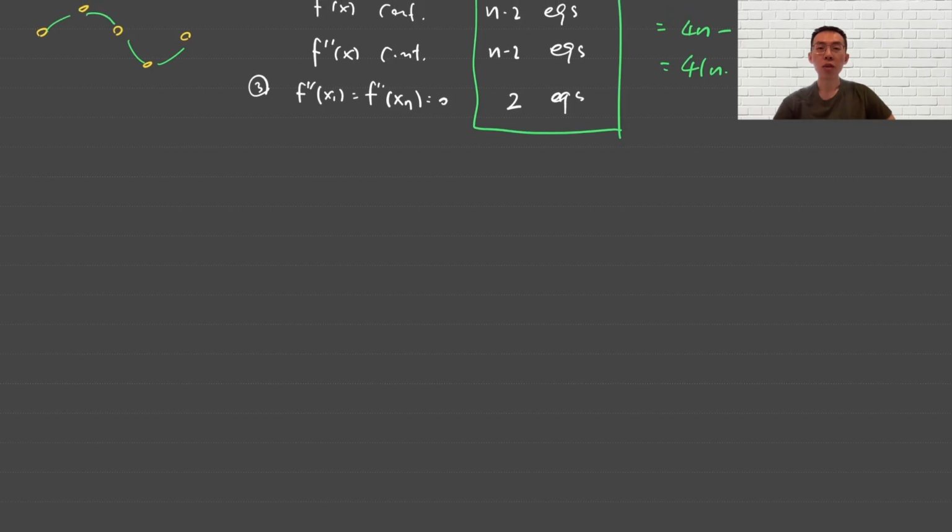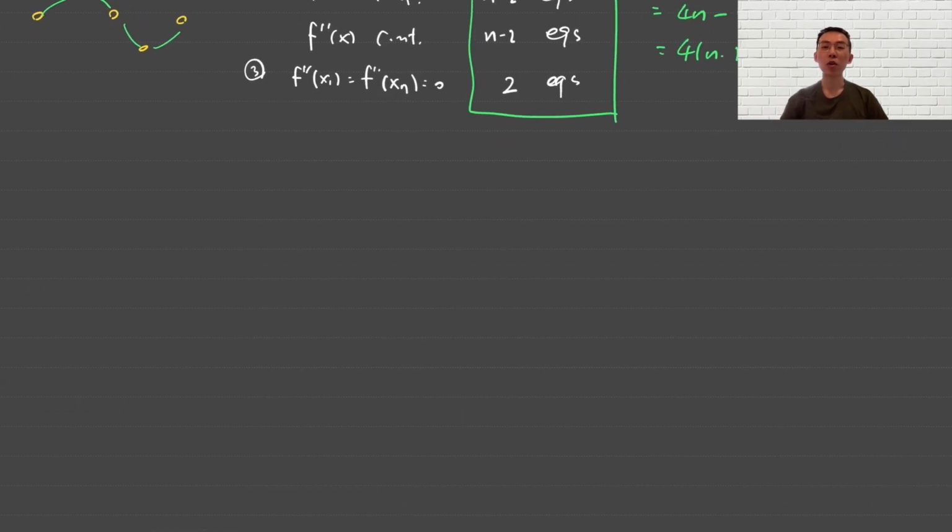Okay, so that's everything about cubic spline. But you'll probably see from the very beginning of the video that cubic spline cannot handle any noise. This is not really a statistical method. The limitation is that it has to pass through all the points.